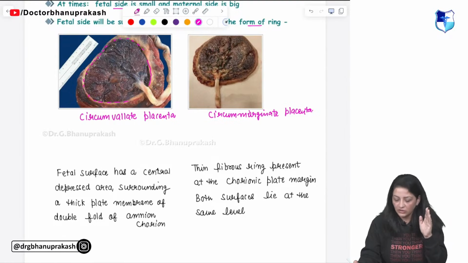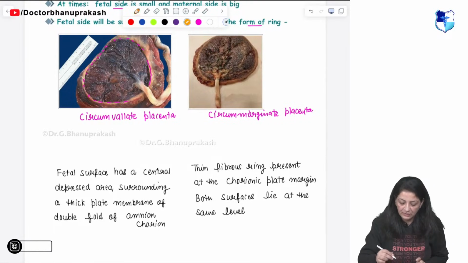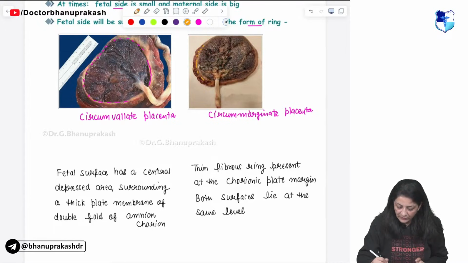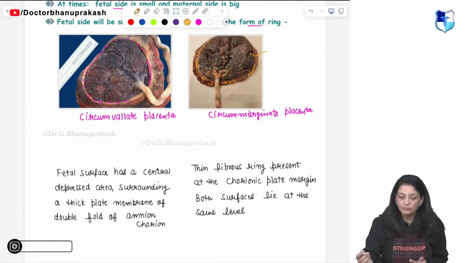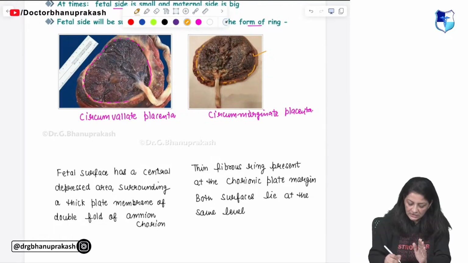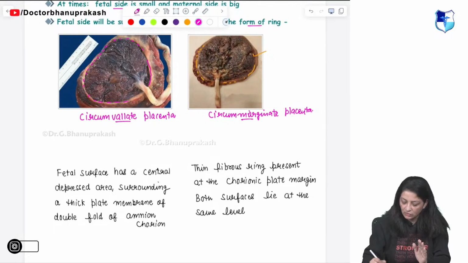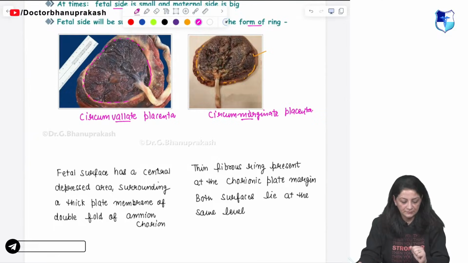In circummarginate, there is a thin membrane present at the chorionic plate. In this case, both surfaces are at the same level. So this is the difference between circumvallate and circummarginate placenta.